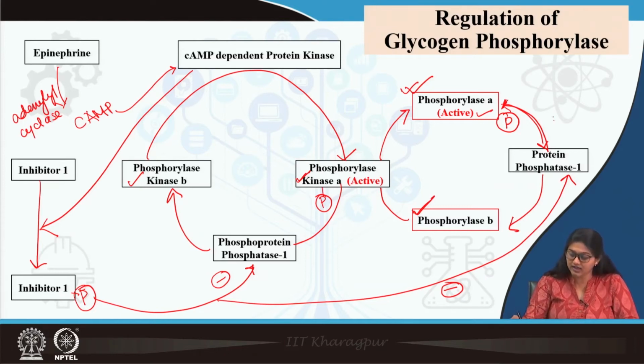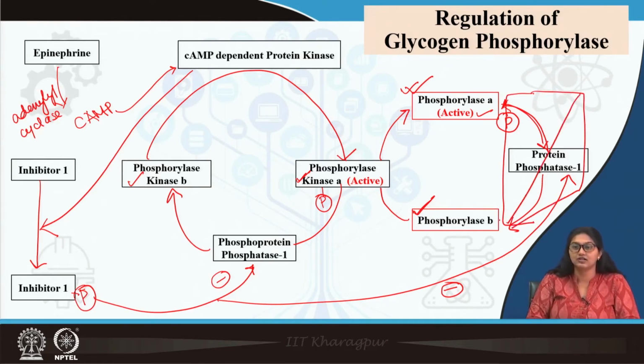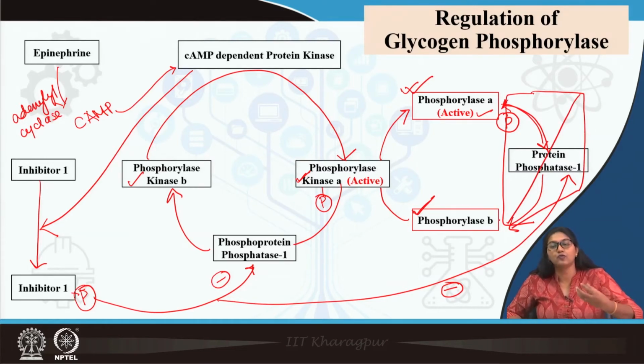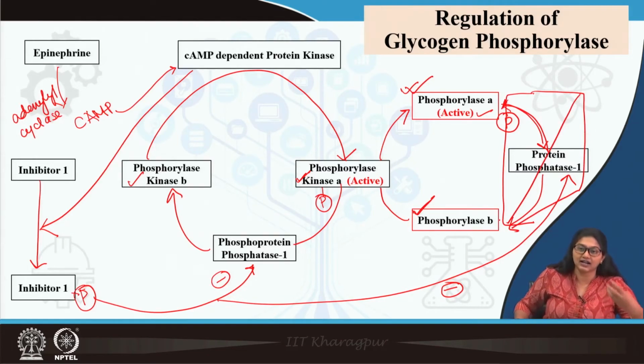If this pathway is inhibited, the active form will not be formed. Thus, there will be activated phosphorylase present in the system, which will finally lead to glycogen breakdown.